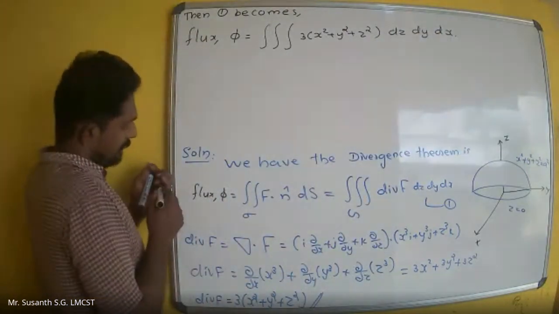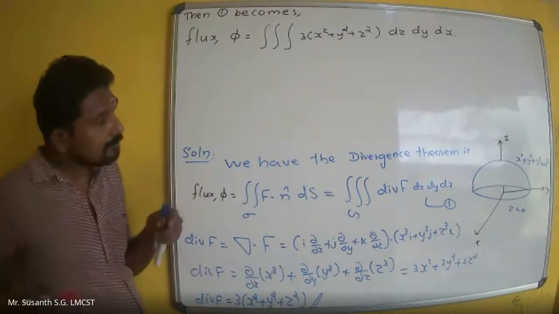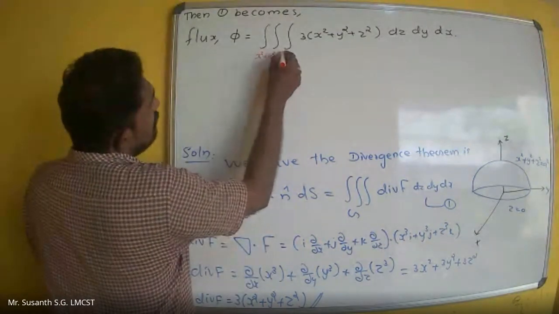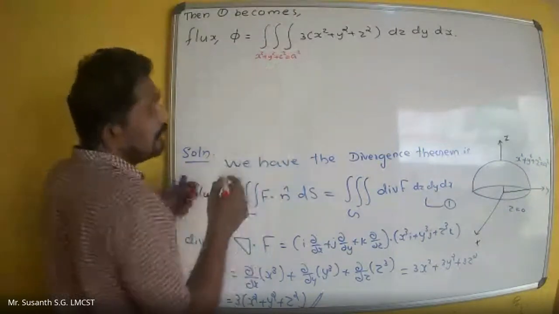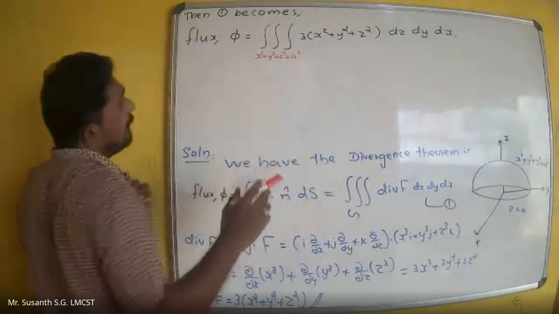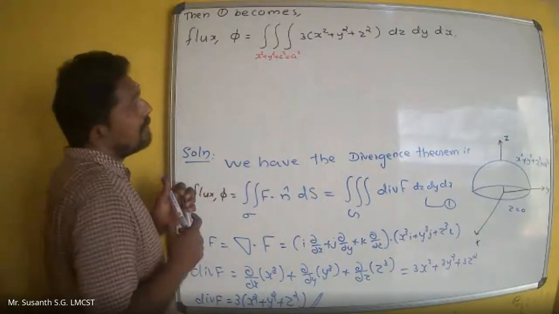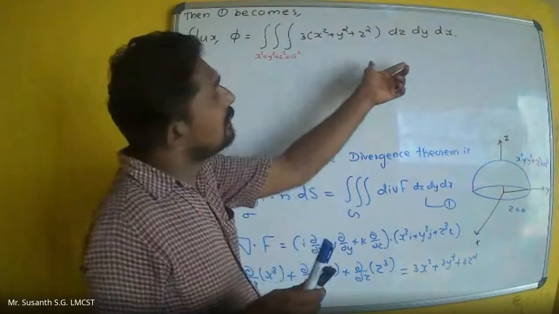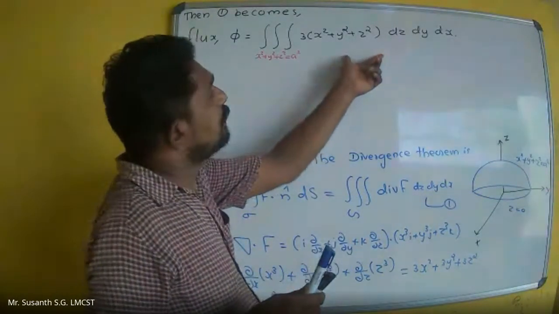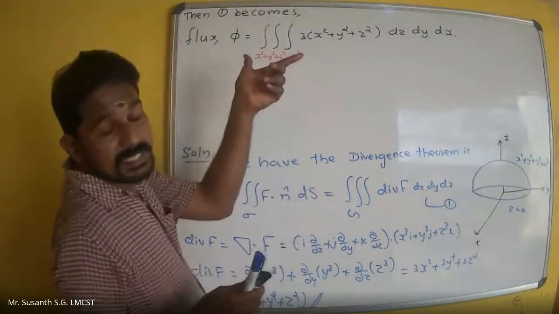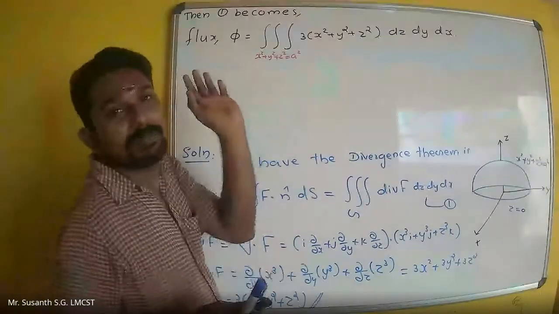Here the integration is over the upper hemisphere x² + y² + z² = a², the plus root upper hemisphere. We use spherical coordinates to integrate. Here we use spherical coordinates for the triple integral.